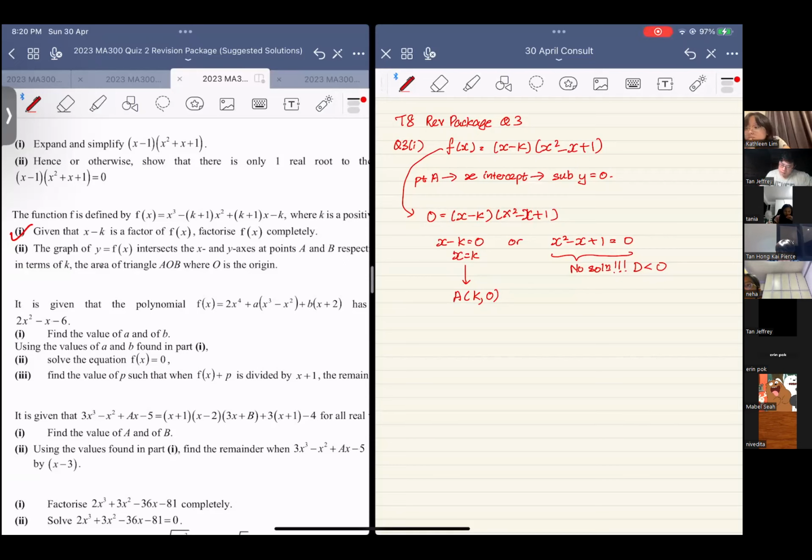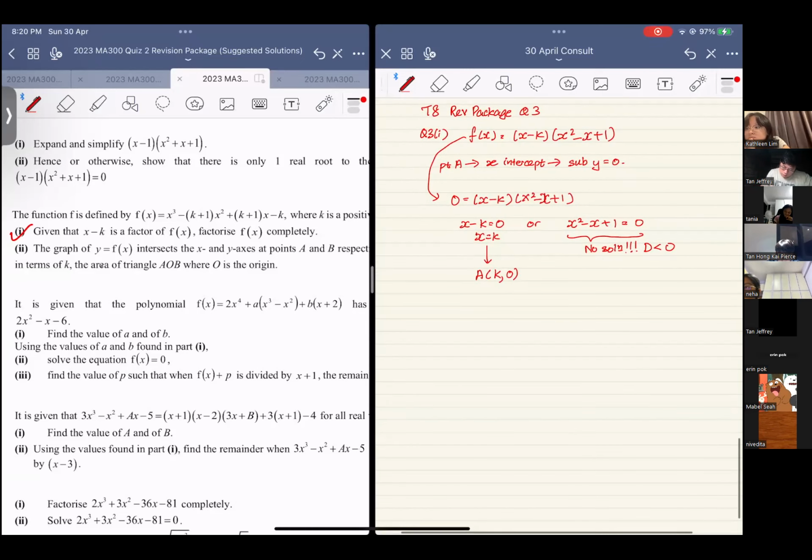After that, I will look at the y-axis at point B. If it says that it cuts the y-axis at point B, then point B will be the y-intercept. So very simply, we will substitute x equals 0 to find the y-intercept.